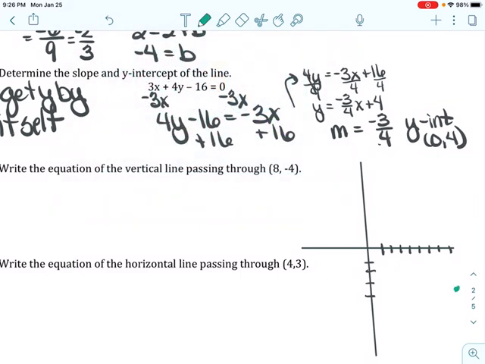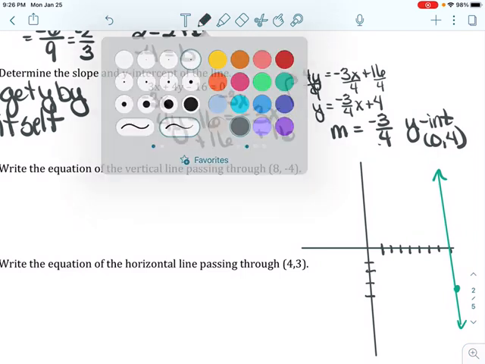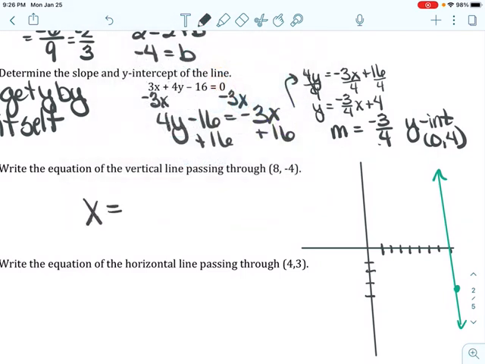I'm just going to put that point there. And I'm going to draw a vertical line through that. So what axis is that intersecting? It's intersecting the x-axis, which means this is going to be x equals. And it's intersecting the x-axis at 8, which is the x-coordinate of our point.